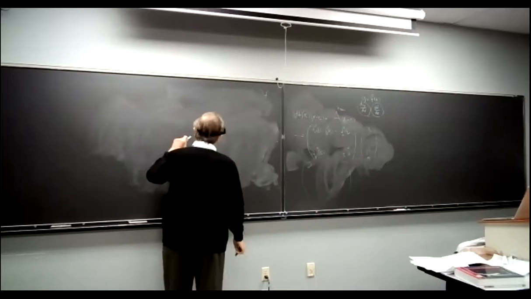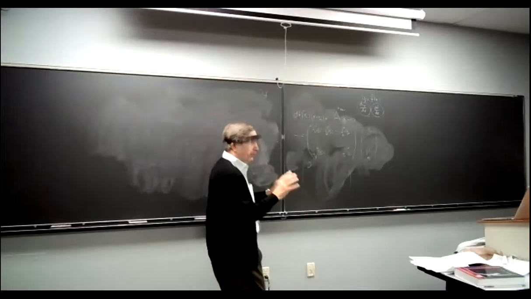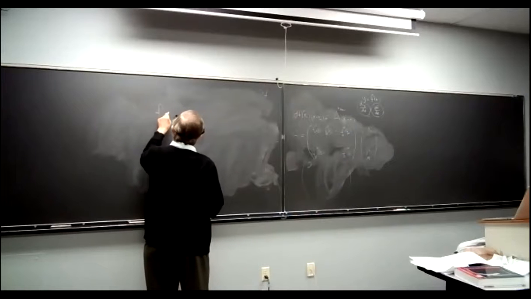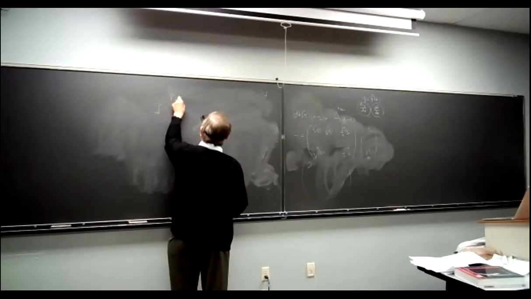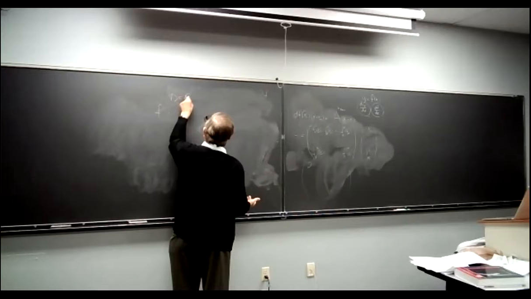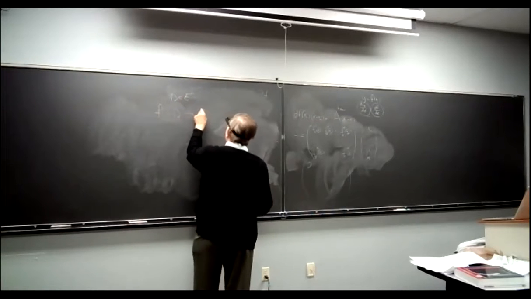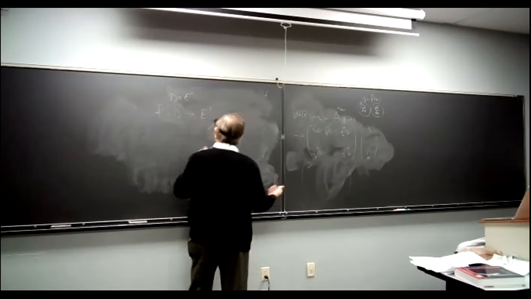Anyway, when I have a real valued function, on page 23, these things are real valued. So the function f goes from some subset of n dimensions into the real numbers, which I'm calling E1, but that's the real numbers.